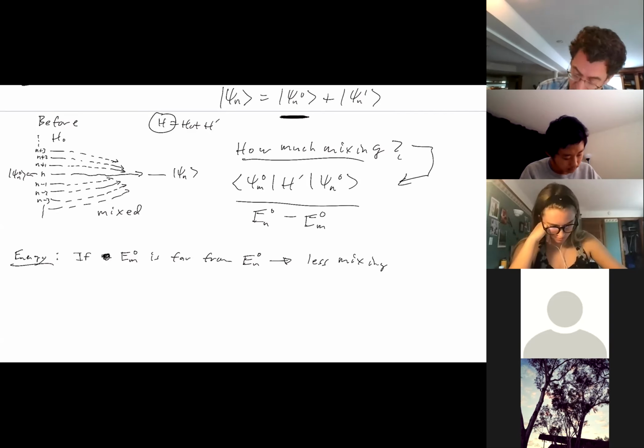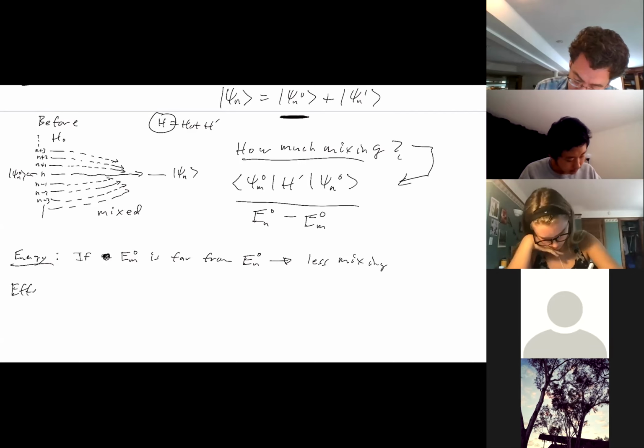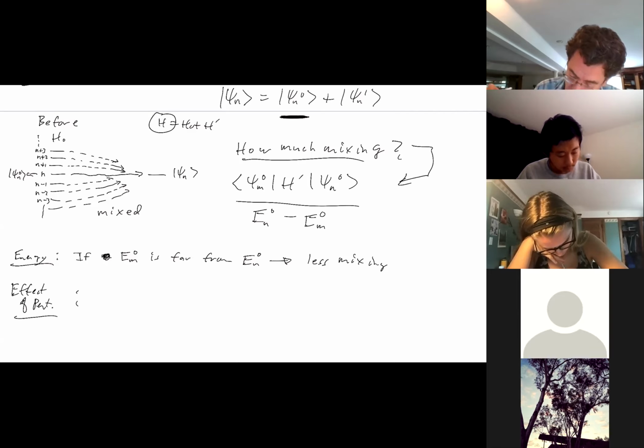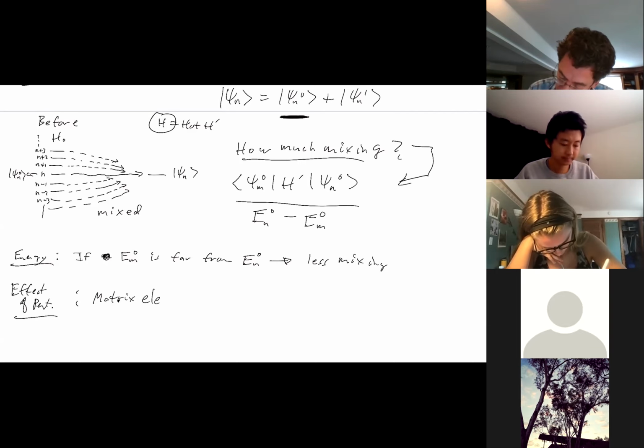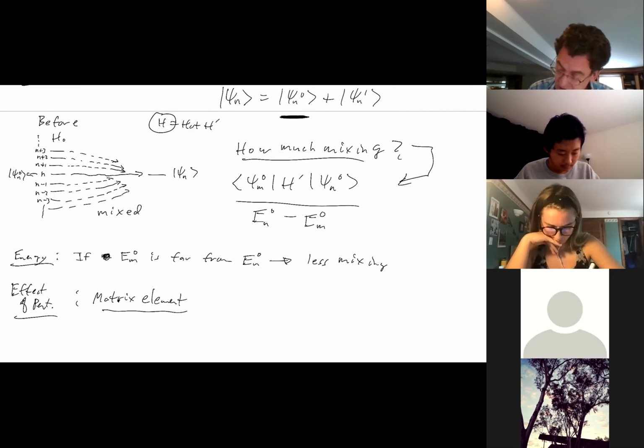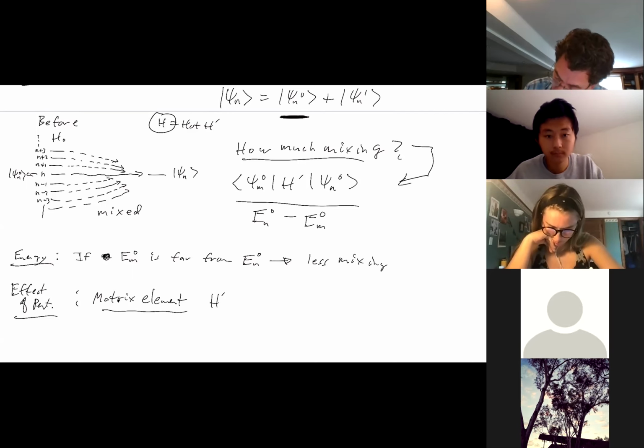Another thing is in terms of the effect of the perturbation. We think of this as the matrix element. This numerator is a matrix element. That's the technical term for it in quantum mechanics. This matrix element, I call it H prime mn.